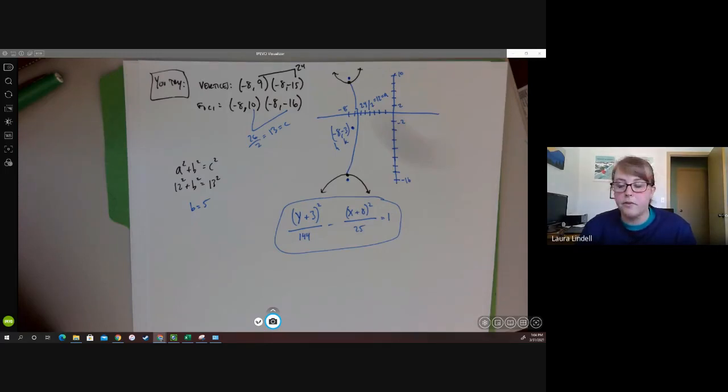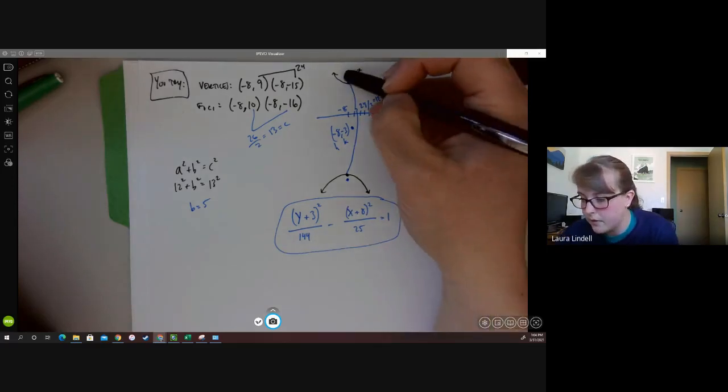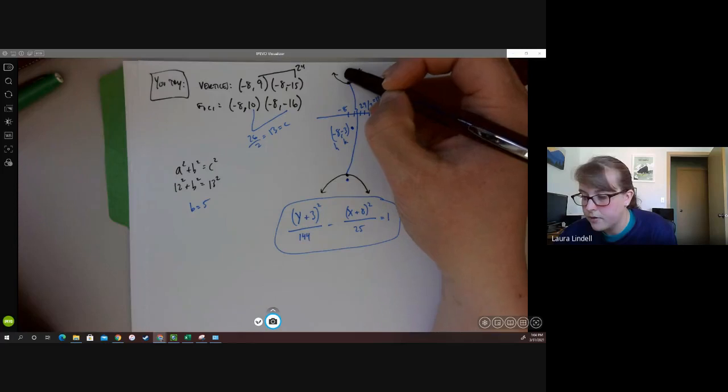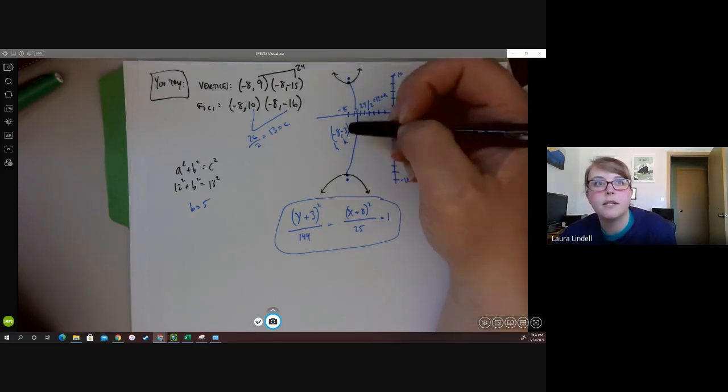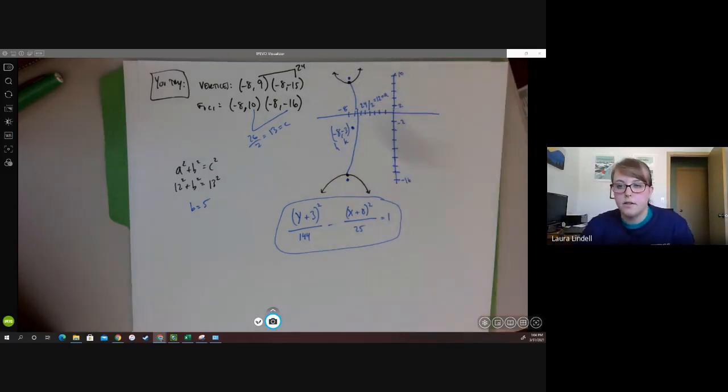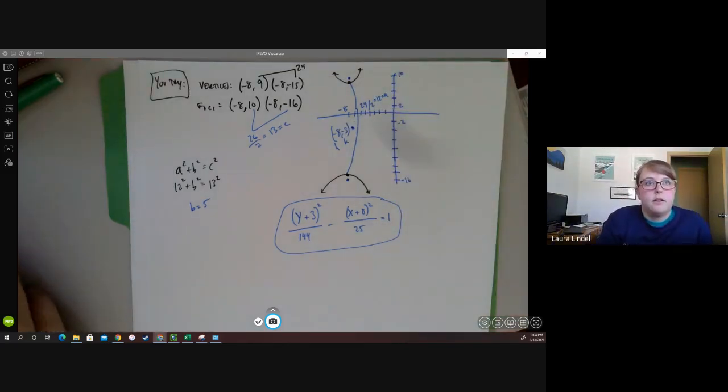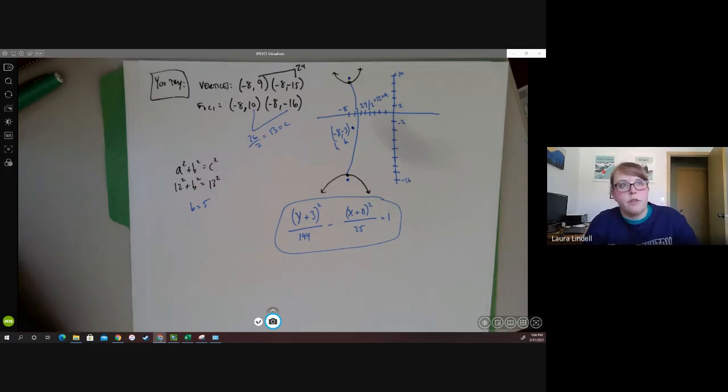And you can do that with the foci too. You can notice the distance between those is 26. So you could just go down 13 and that would get you to the same location, or up 13. All right, any others? Numbers we're not sure where they came from or anything like that?